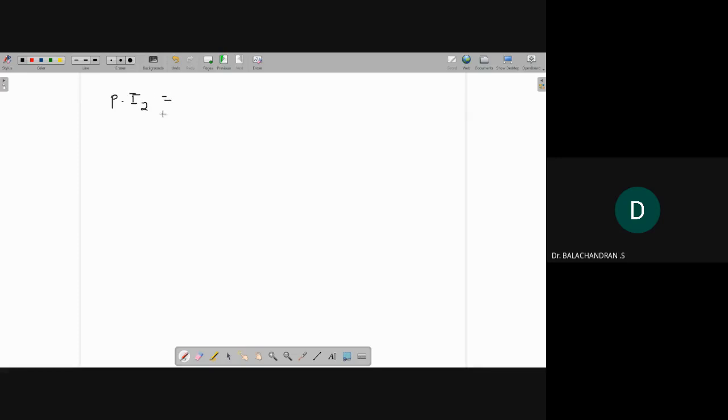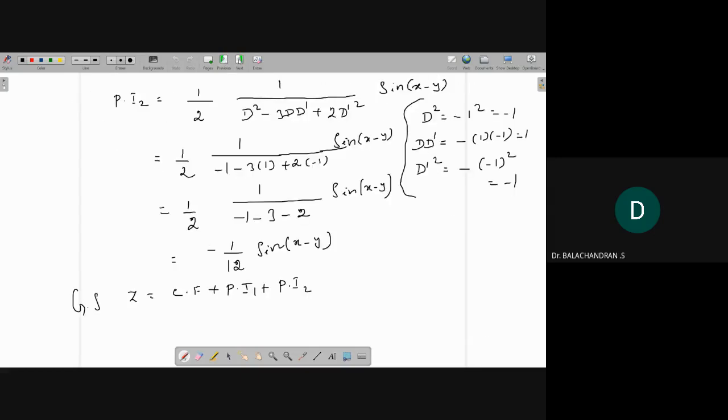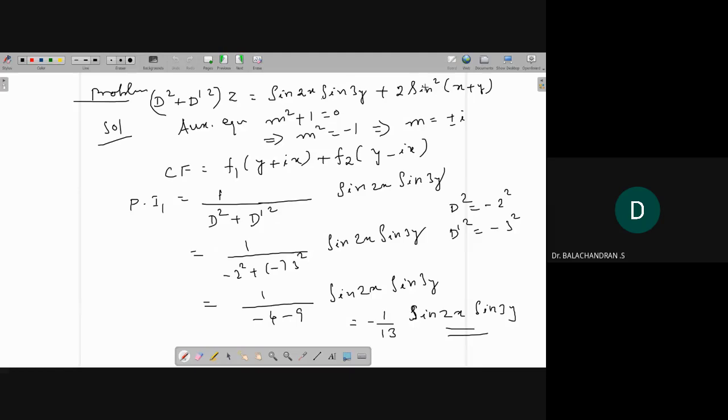Okay, PI2 is 1 by d square plus d dash square. The right hand side function is, what is the right hand side function? 2 into sine square of x plus y.